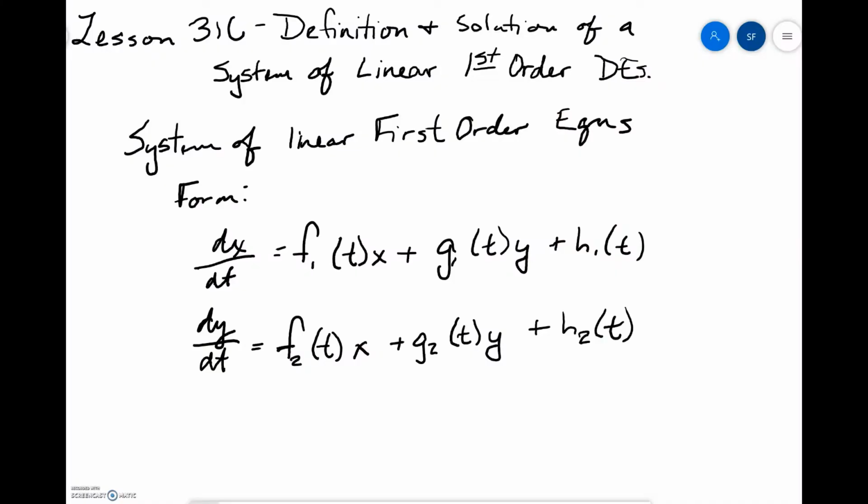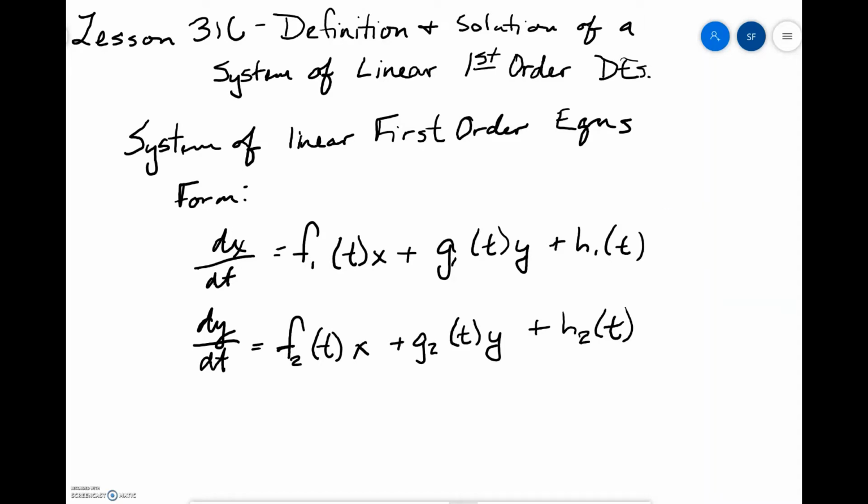Lesson 31C, definition and solutions of a system of linear first-order differential equations. So what is a system of linear first-order equations? It's a set of differential equations in this form.